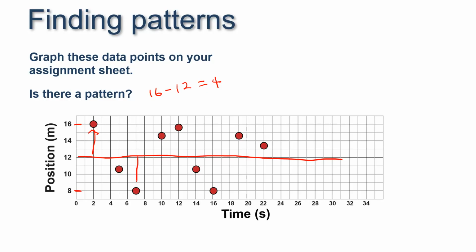Now, if I go right here and do the same thing, I've got 12 minus 8, which also equals 4. Here's an interesting thing. This low point here to this low point here, this is 7 seconds.